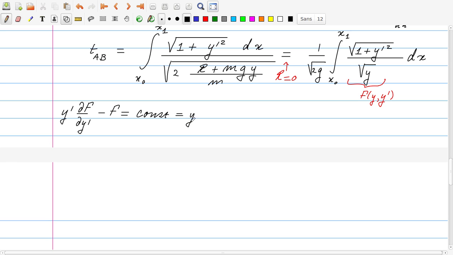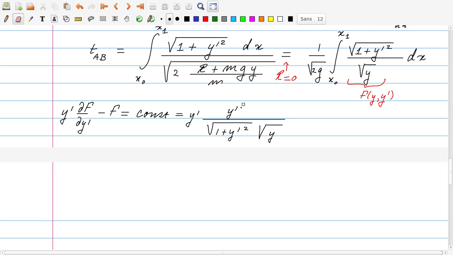So first we have a y primed, then taking the derivative with respect to the square root gives me 1 over the square root of 1 plus y primed squared, and there's still a square root of y lurking around, and in the numerator we have a y primed squared.